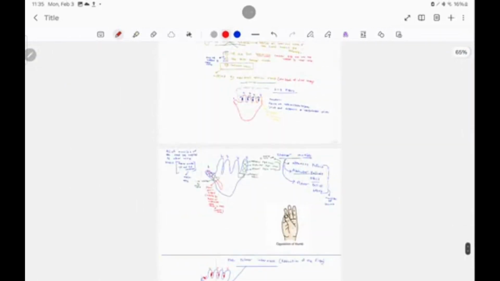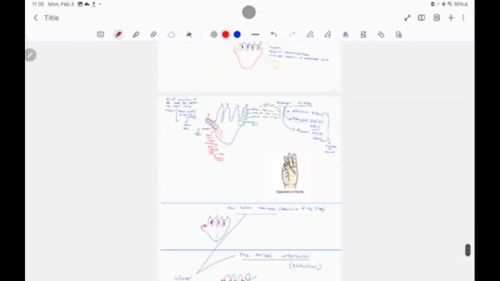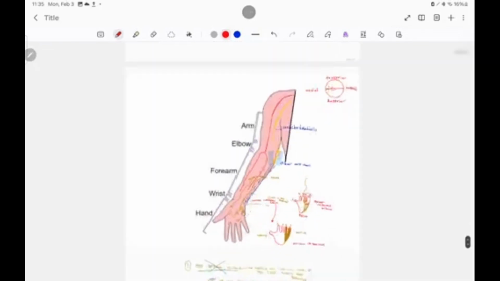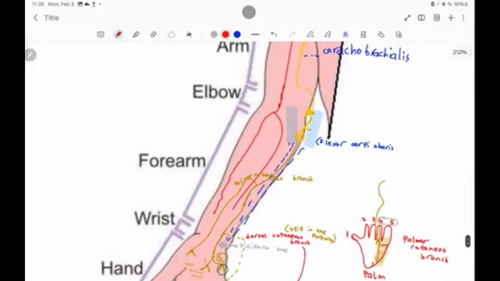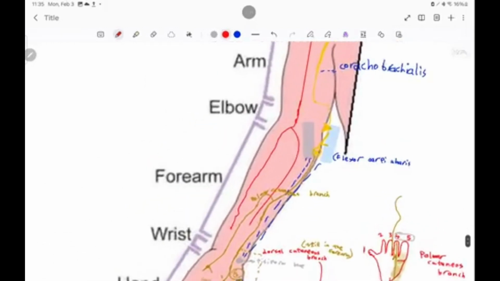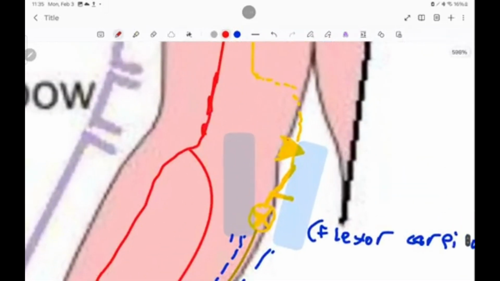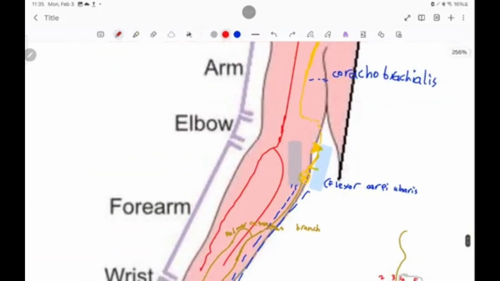So let's think of an injury to the ulnar nerve. Let's say that the injury can occur due to a fracture of the medial epicondyle. What we said, the ulnar nerve crosses behind the medial epicondyle.